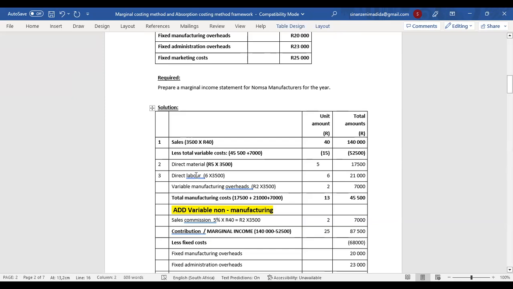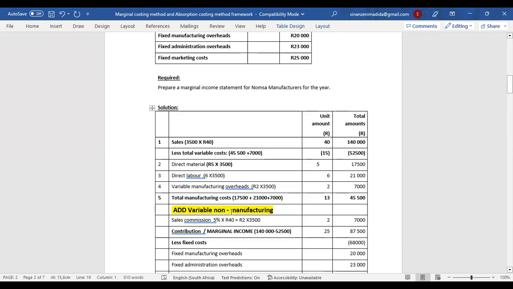After getting your direct material, you proceed to number 3, which is our direct labor. Then we also look from the given information, the variable manufacturing overheads. After that, you add the total. You get your number 5. Number 5, please remember we are adding the 3. Then you get our total. After getting our total, we move on and look for non-manufacturing overheads.